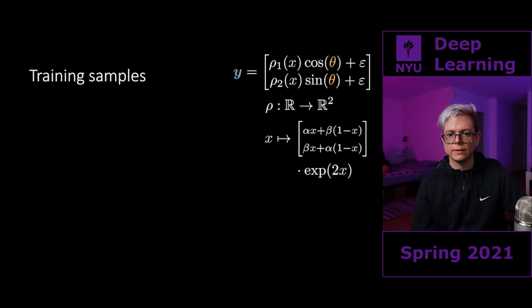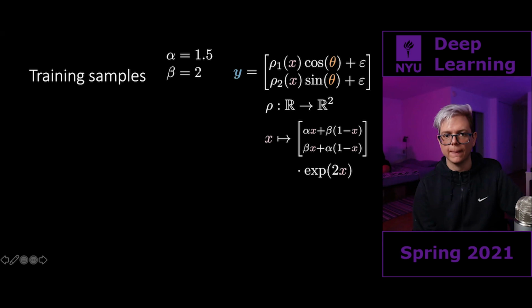In this case, x is mapped as follows. In the first line here, x gets mapped to alpha times x plus beta times 1 minus x, where alpha is equal to 1.5, and then beta is equal to, okay?